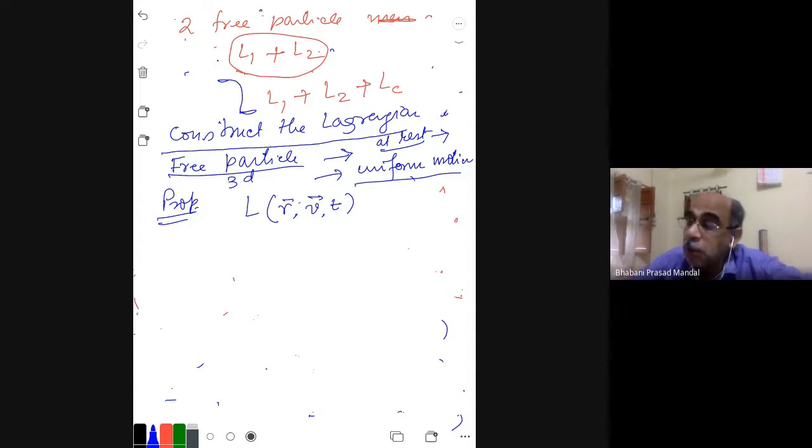It may not depend on time explicitly, but in general this will be the possible Lagrangian for anybody in 3D. r is a 3-dimensional vector, v is also a 3-dimensional vector, and t is time in general.